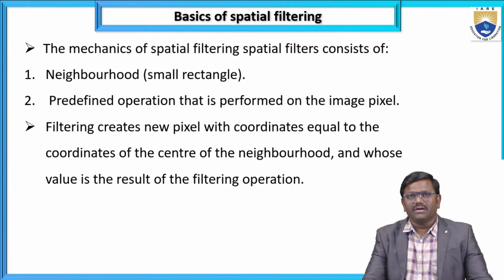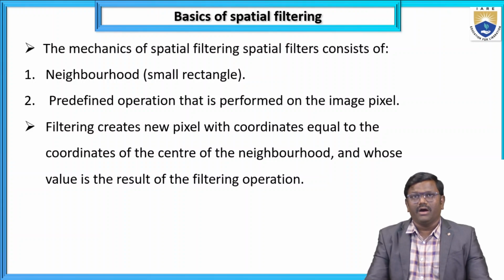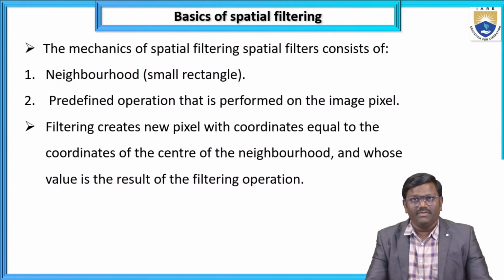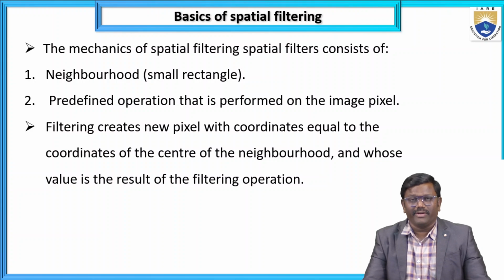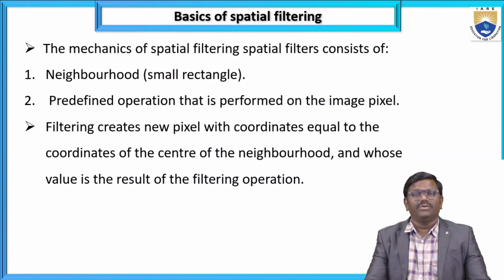Having gone through these slides, which help us understand the mechanism of spatial filters, spatial filters consist of two important points. Number one, neighborhood, that is a small rectangular neighborhood. Number two, a predefined operation that is performed on the image pixels.